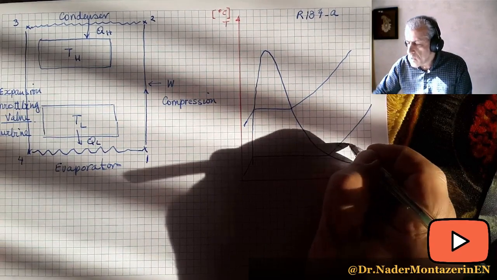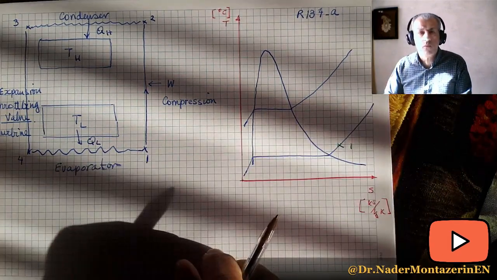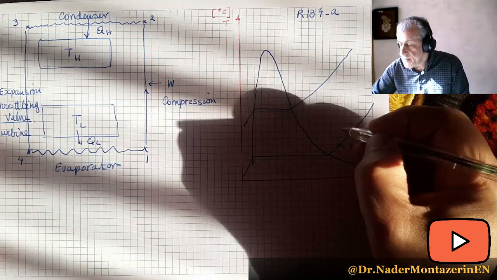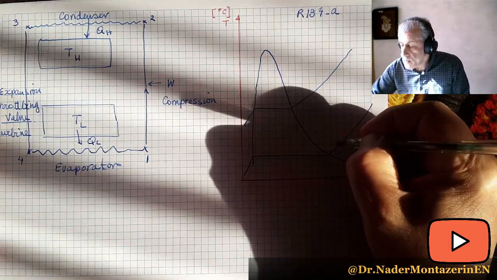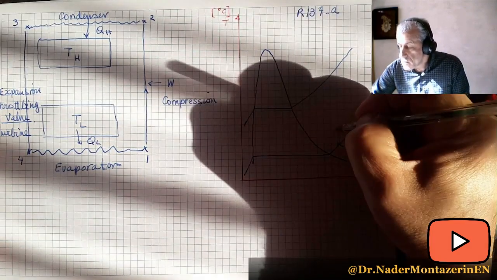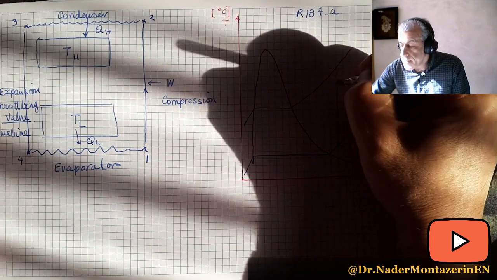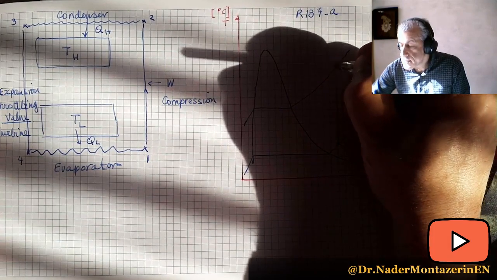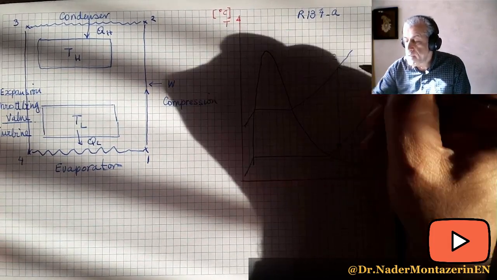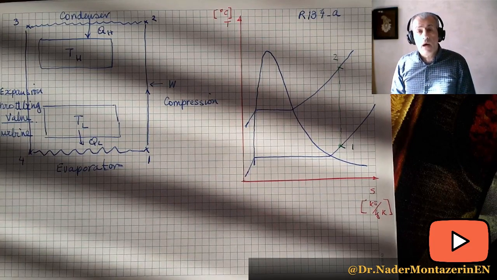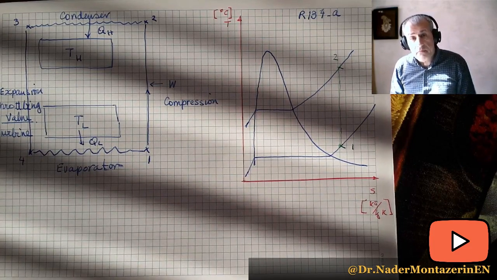like 1, and compress the medium to a point like 2. Ideally, in many books, it is said that it is done in an isentropic manner.